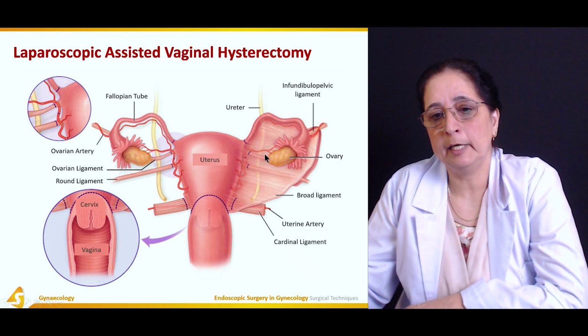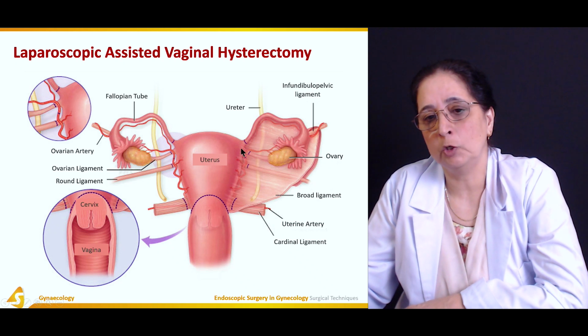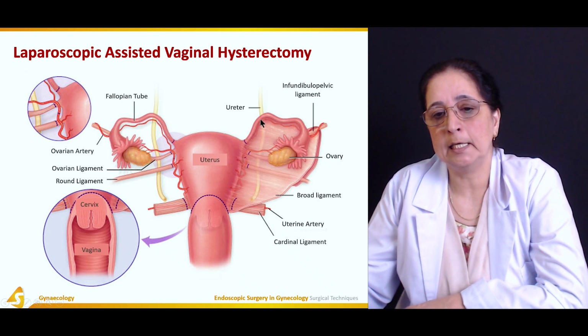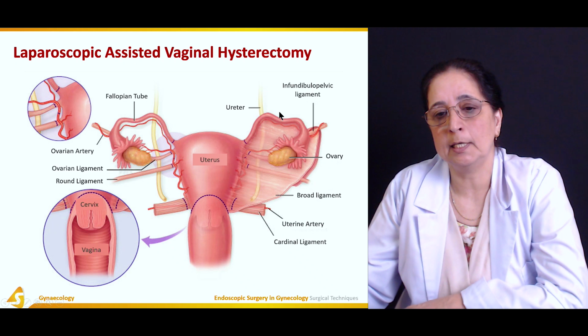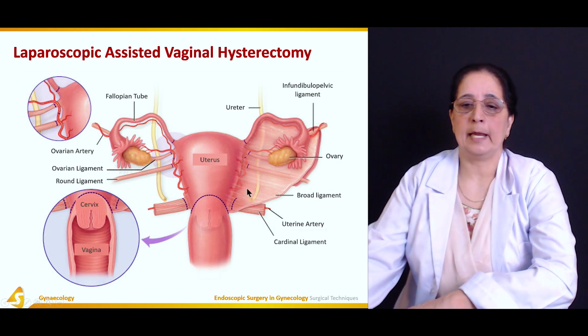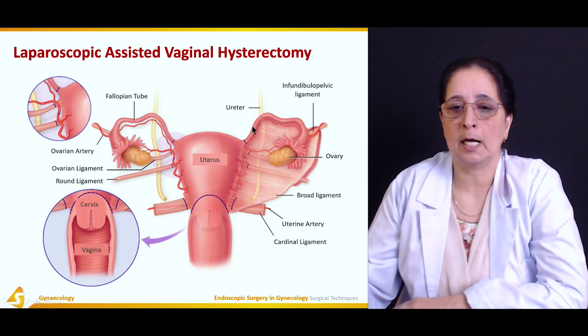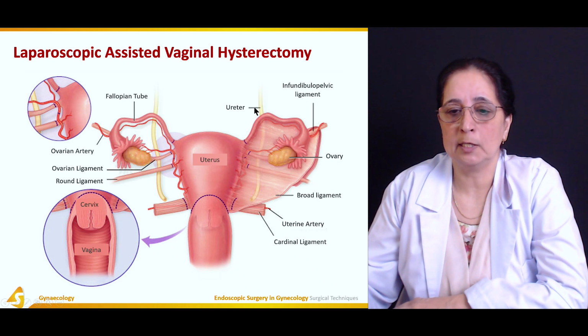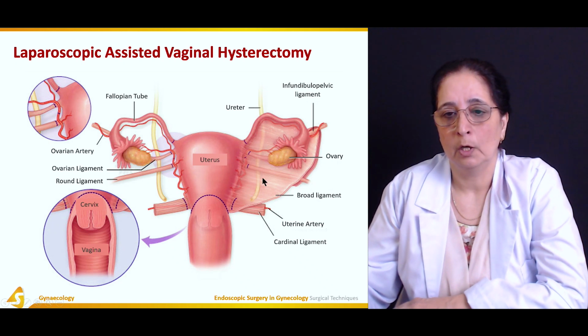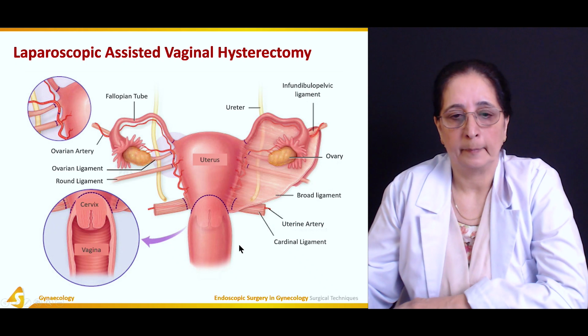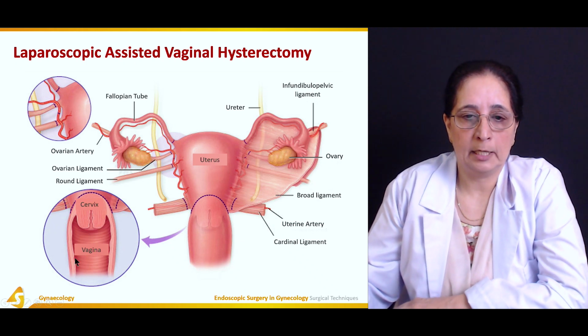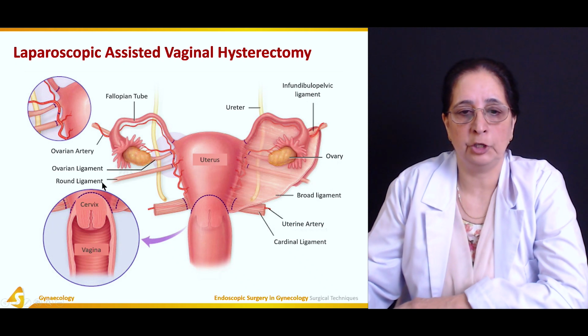The ureter is very, very close to the fallopian tube. So sometimes accidentally, when tubal ligation is performed, the ureter can be ligated or cut. That can lead to a serious complication leading to no urinary output. So this is the hysterectomy done through the vagina, removal of the uterus.